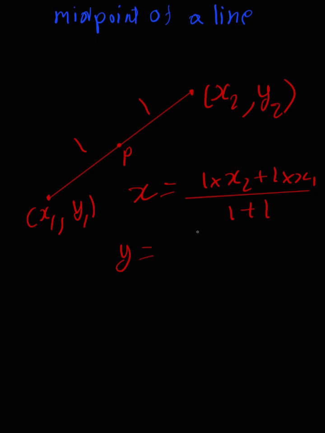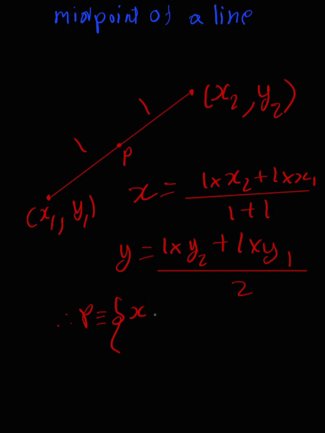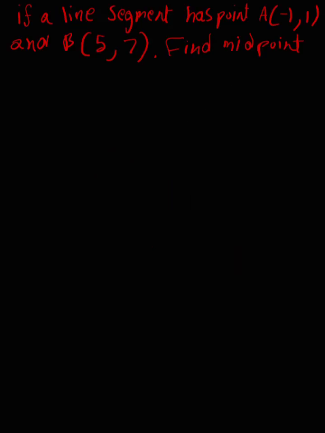And we can say that y is equal to 1 times y2 plus 1 times y1 over 2. So as you can see here, we can say that P's value is nothing but x1 plus x2 upon 2 comma y1 plus y2 upon 2. So this is a very useful formula. We can just quickly calculate the midpoint of any line if we are given the two coordinates.